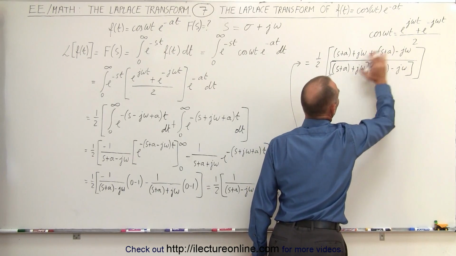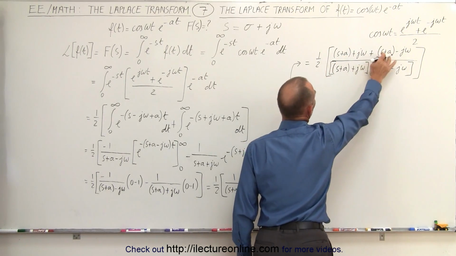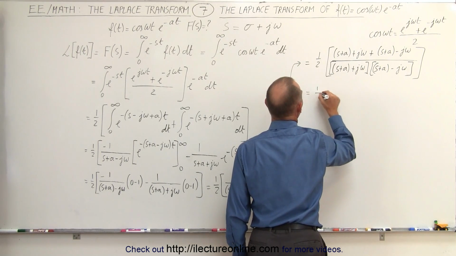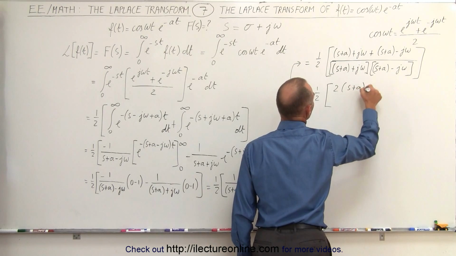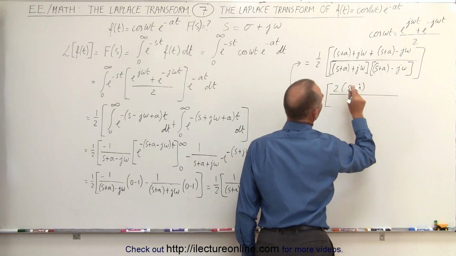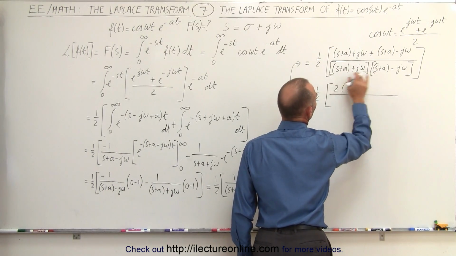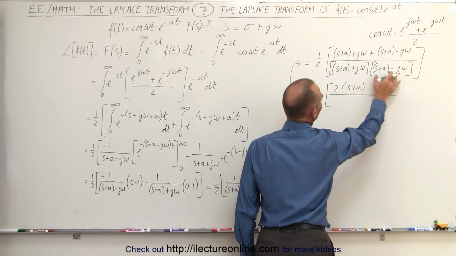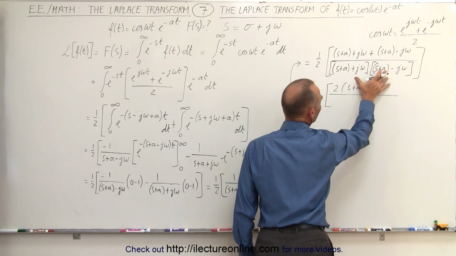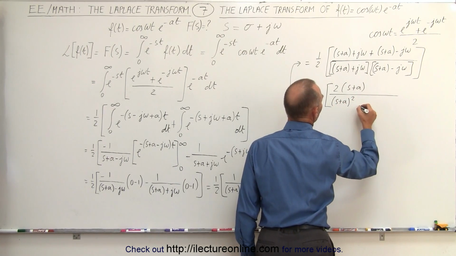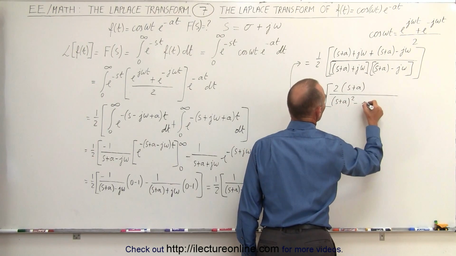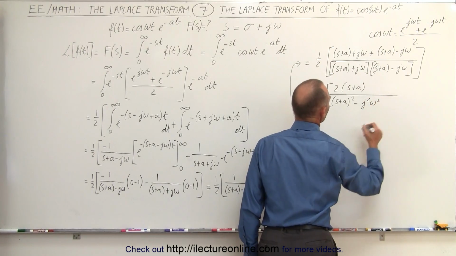That's a plus, that's a minus, so they'll cancel out. We have an s plus a, that gives us 1/2 times 2 times s plus a. And in the denominator, it'll be the product. We have a plus here, a minus there, so the middle term will disappear. So we end up with the quantity s plus a squared. This times this is a minus j squared omega squared.